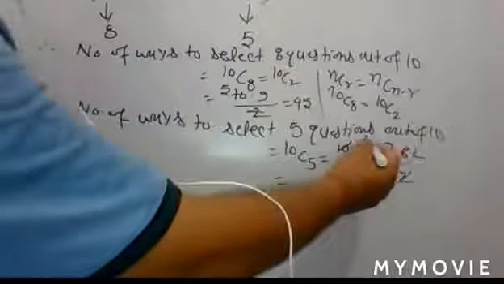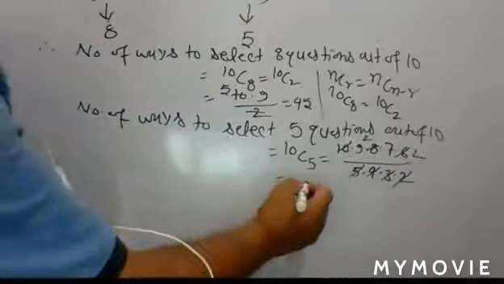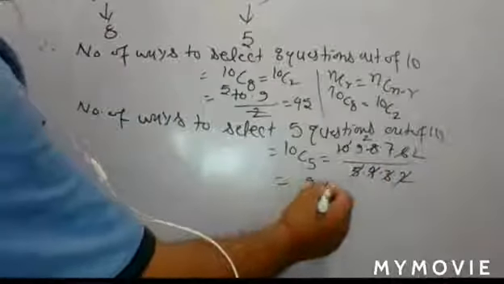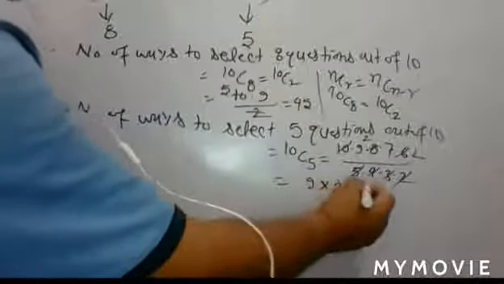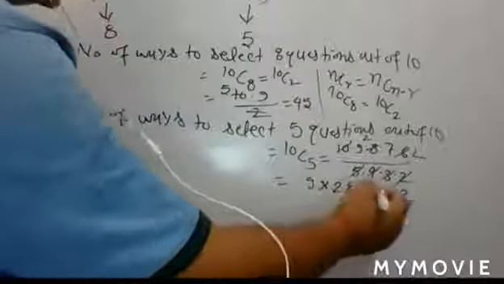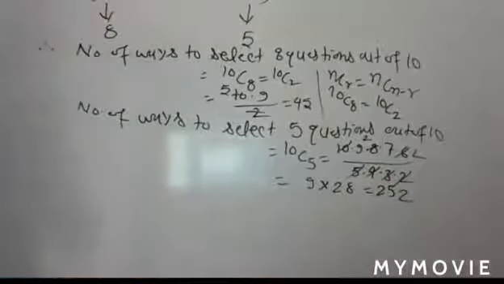So just check what is that? 14 twos are 28. So 9 into 28, and if you multiply, it is 252. So here you get the number of ways to select the questions from part B.